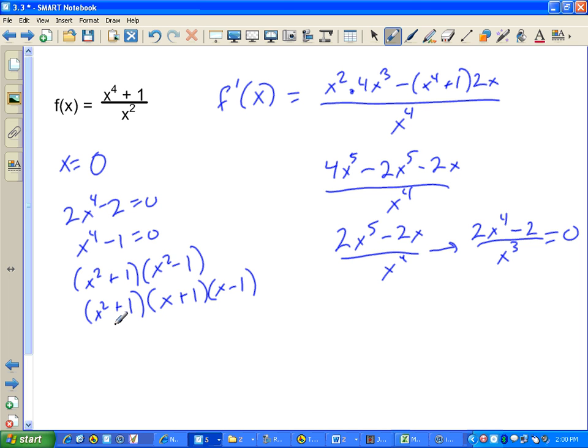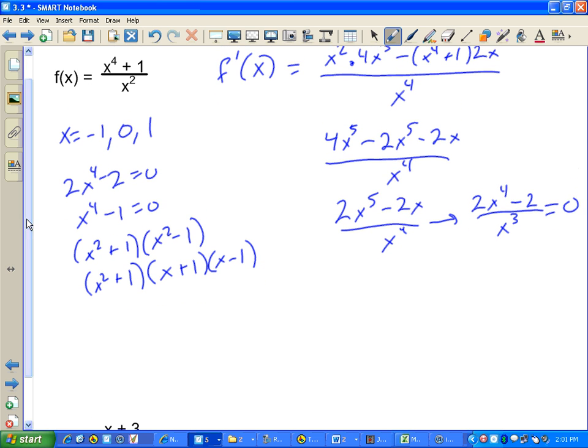So if I set this equal to 0, I'm going to get plus or minus i. Okay, that's imaginary, so those aren't zeros. Here I'm going to get -1, so that's another critical point, and +1 is my last critical point. I'm going to put these in order, actually. So these are my critical points.